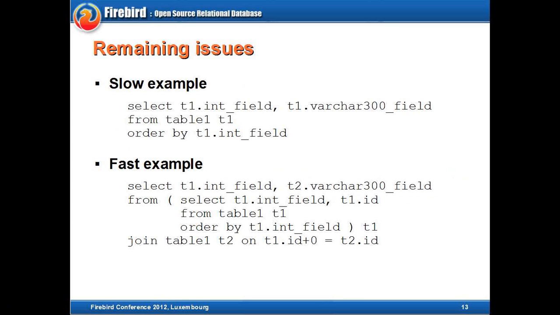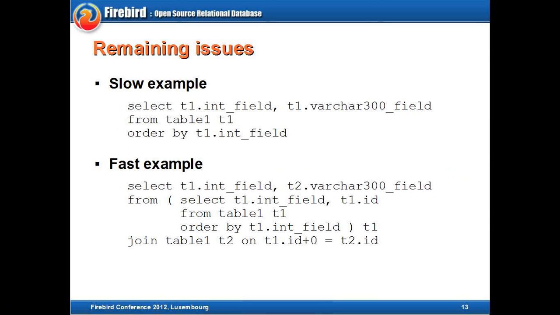Instead of just selecting the longish varchar in the same query with order by, you join the order by subquery, with an added primary key, or it could be DB key.